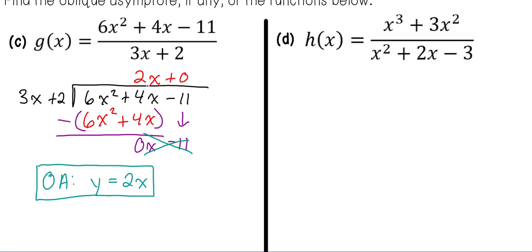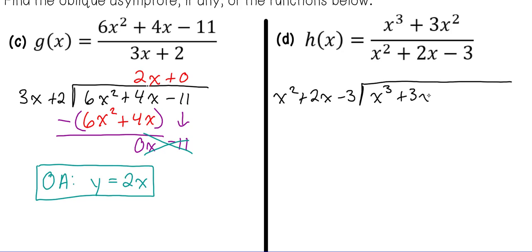So in the next example, we want to take x squared plus 2x minus 3 and divide it into x cubed plus 3x squared. Now we have to remember to add in the 0x plus the 0. So what do I multiply times x squared to get x cubed?